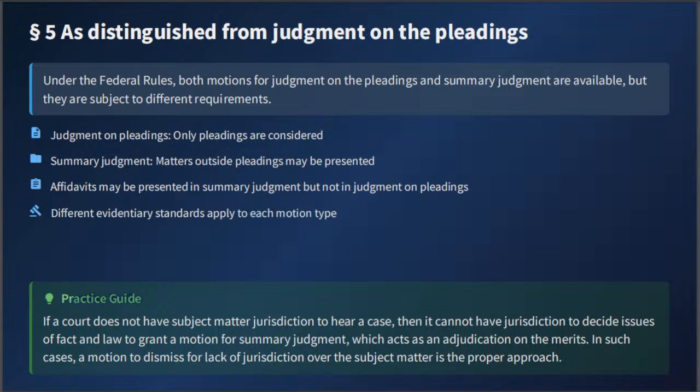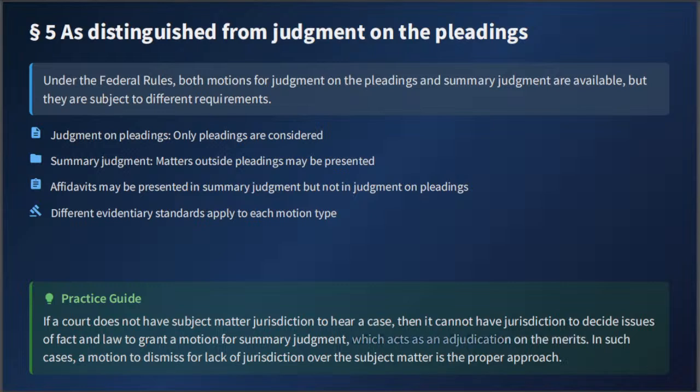So, for our practice guide here, if a court does not have subject matter jurisdiction to hear a case, then it cannot have jurisdiction to decide issues of fact and law to grant a motion for summary judgment, which acts as an adjudication on the merits.